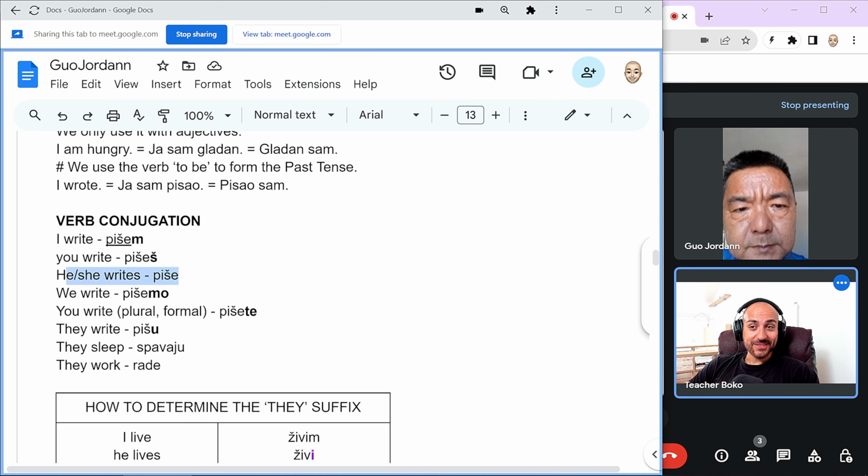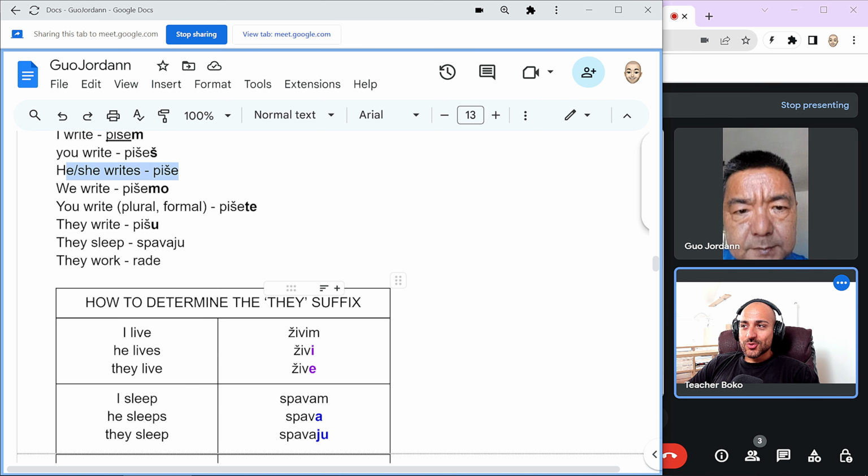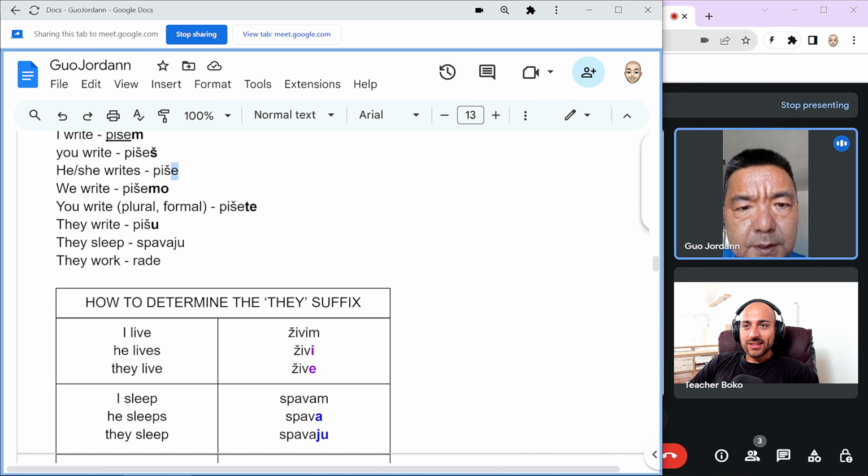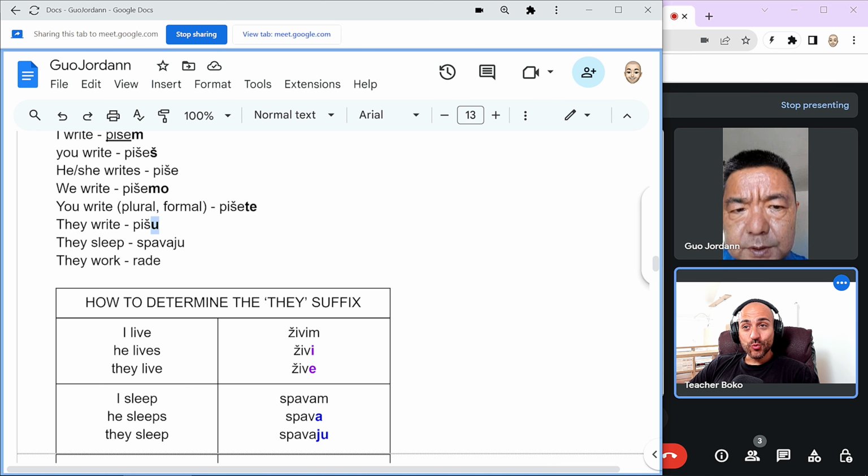So if you take a look at the stem, and if the stem ends in e, like piše, then the they form will be u. Piše, pišu. Jede, jedu. Pije, piju. E goes to u for they.